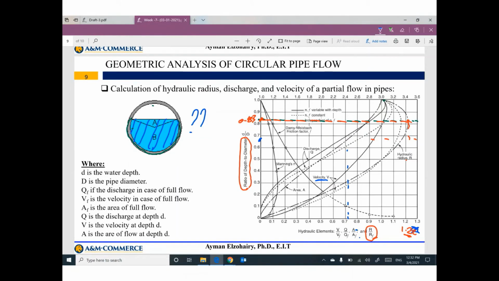We will use the solid one for velocity. The intersection between this curve and the horizontal line is here. What is the value? 1.02, something like this.